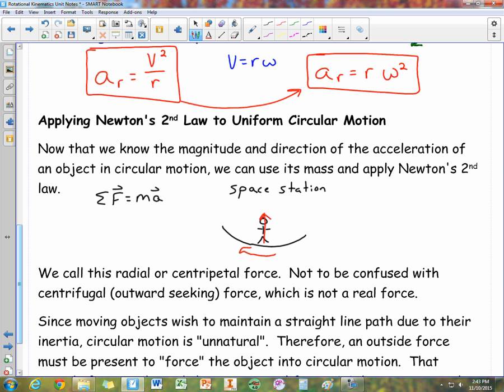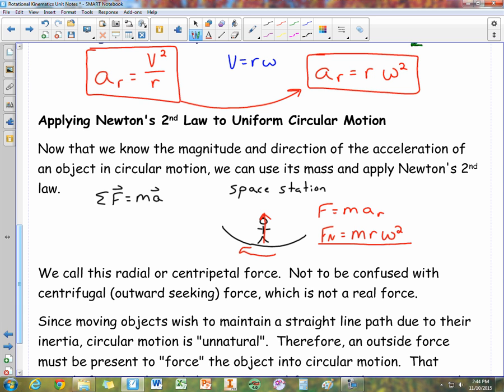So what we can say is that this force would equal mass times radial acceleration. So looking at this, this normal force would equal m r omega squared.